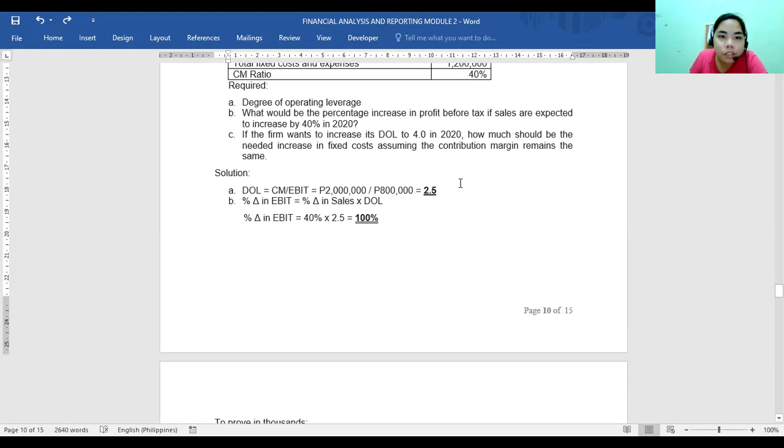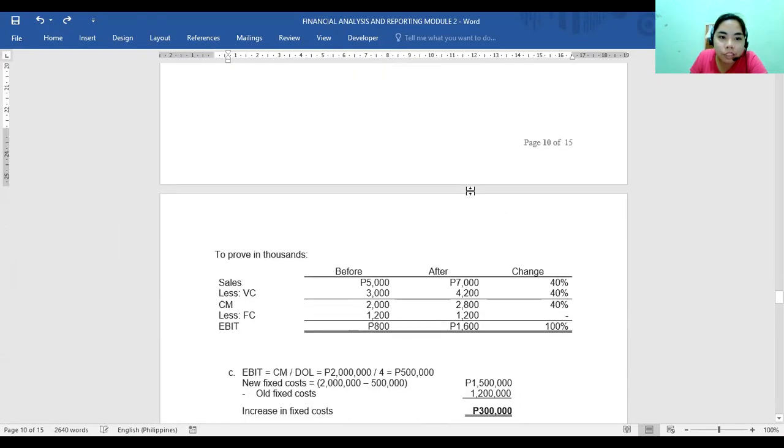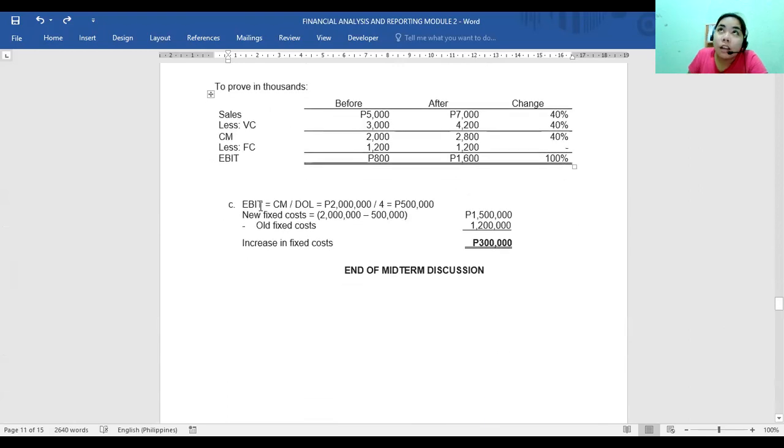If the firm wants to increase its DOL to 4.0, how much should be the needed increase? DOL is equal to CM divided by EBIT. If you reconstruct the formula, EBIT is equal to CM divided by DOL.